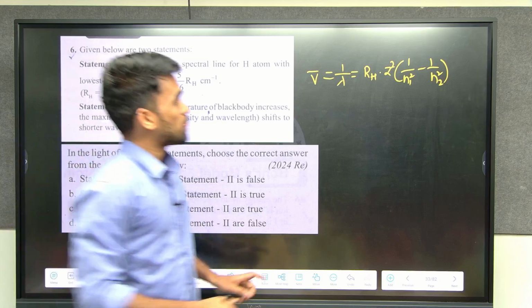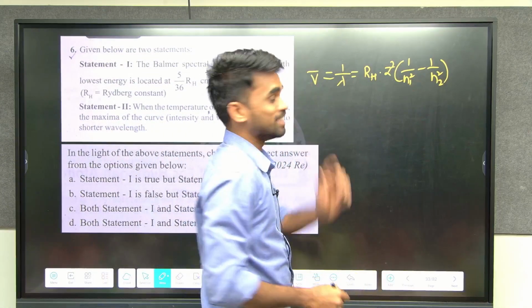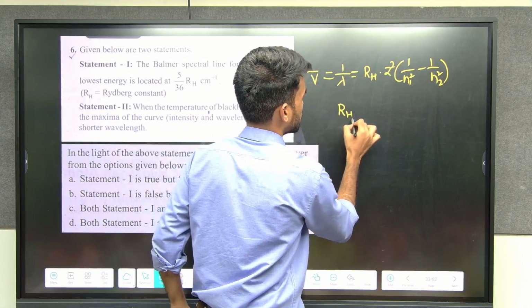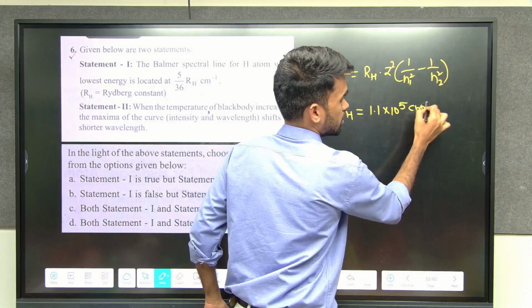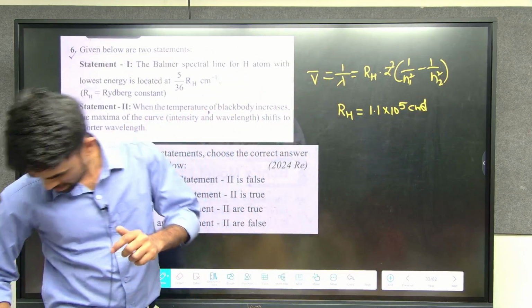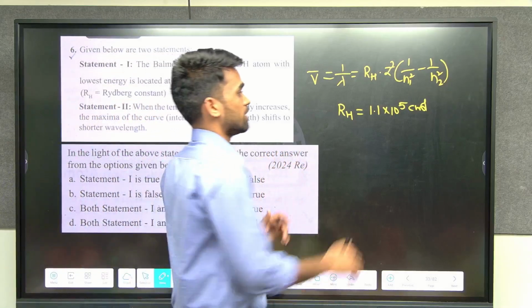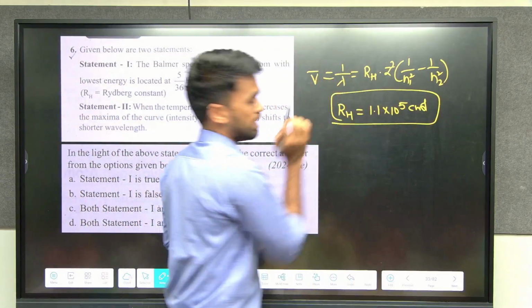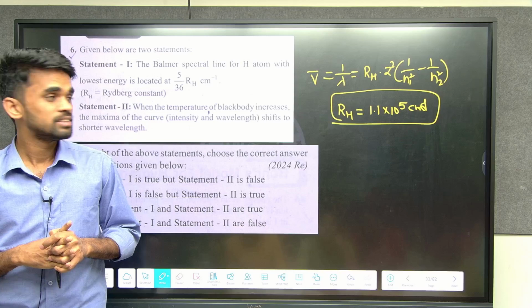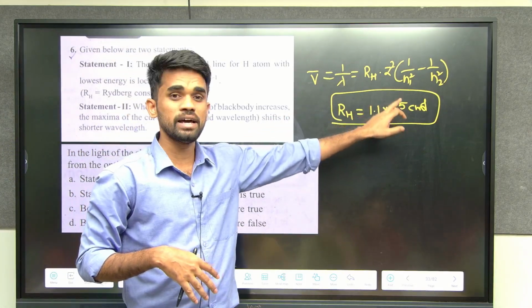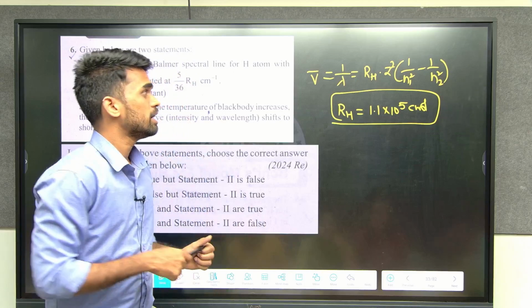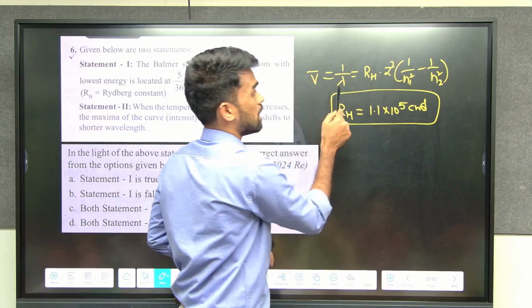Okay, this is the formula to be used. So what is the RH? I'm saying not for now, it is for every time. Okay, so this is a RH value. How much it is? 1.1 into 10 power 5 centimeter inverse. Okay, so this equation is called Rydberg's equation.